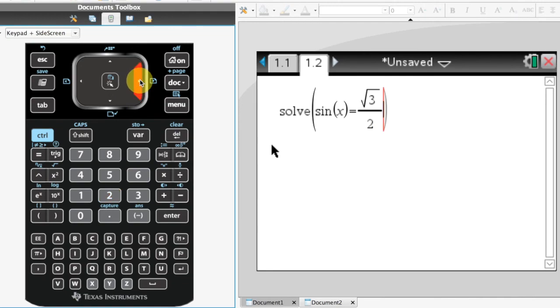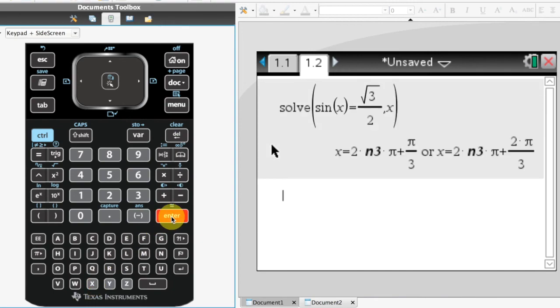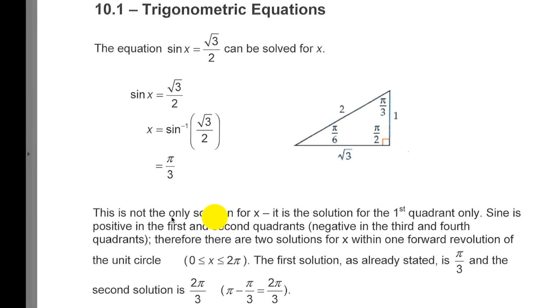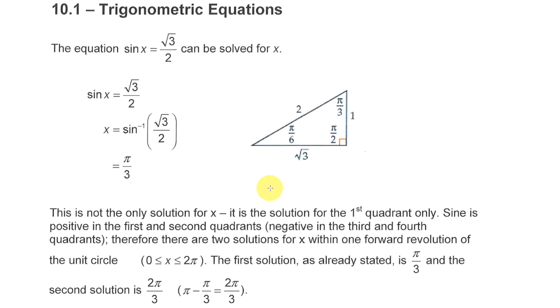And I want to solve for x. So in my settings I'm in radians, and you'll see I come up with that. And that looks pretty crazy, but I'll explain that a little bit later on. So as I said to you, it's just one solution.